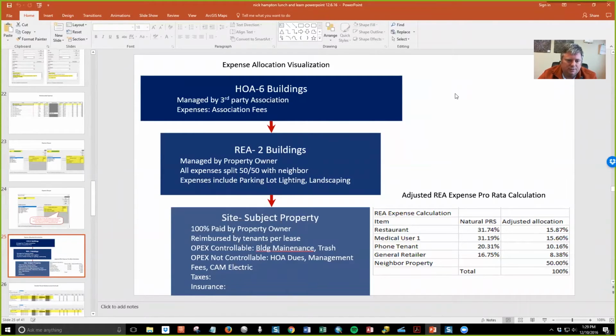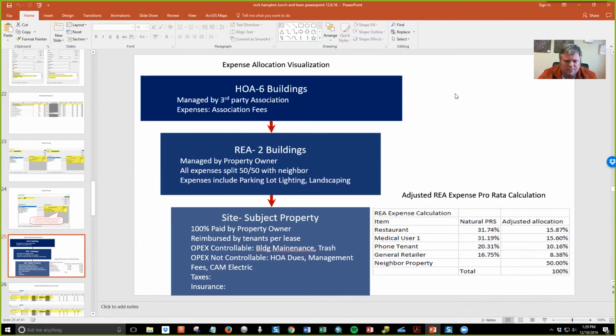There's 2 buildings inside the reciprocal easement agreement, and according to the way that it's written, the REA expenses and maintenance responsibilities are managed by the subject property owner. So if you have this under contract, that means that is you.